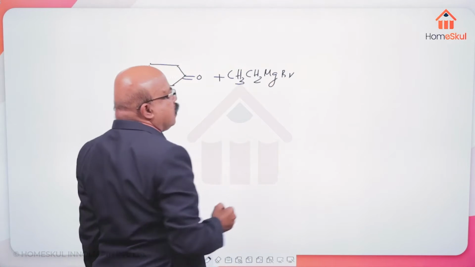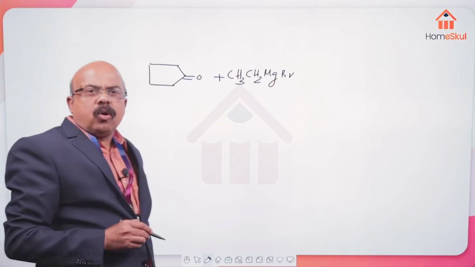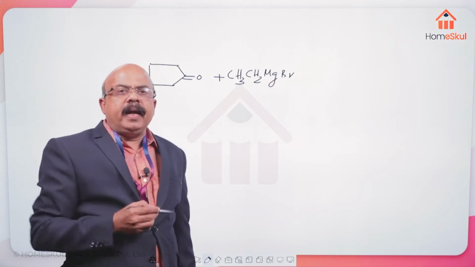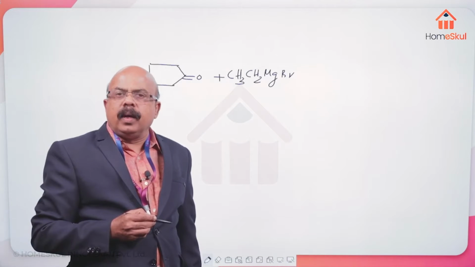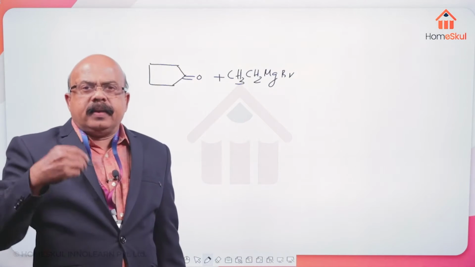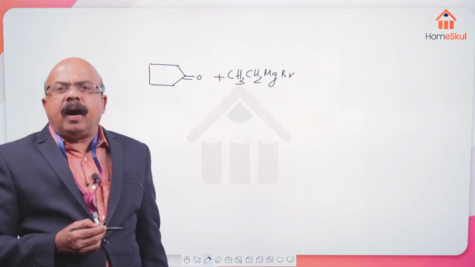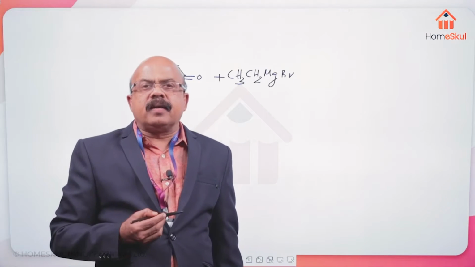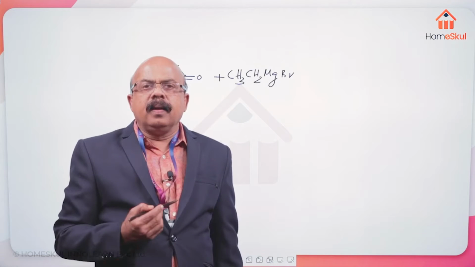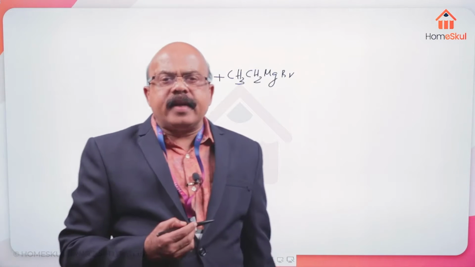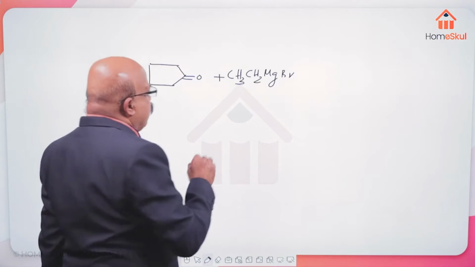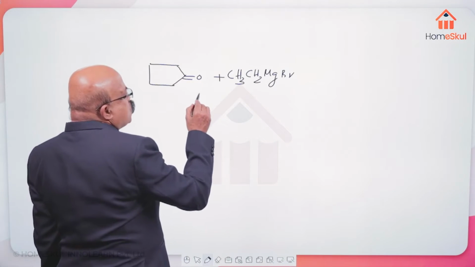You know that Grignard reagent on reaction with formaldehyde produces a primary alcohol. Grignard reagent reacts with any aldehyde other than formaldehyde to produce a secondary alcohol, while Grignard reagent reacts with a ketone to produce a tertiary alcohol.